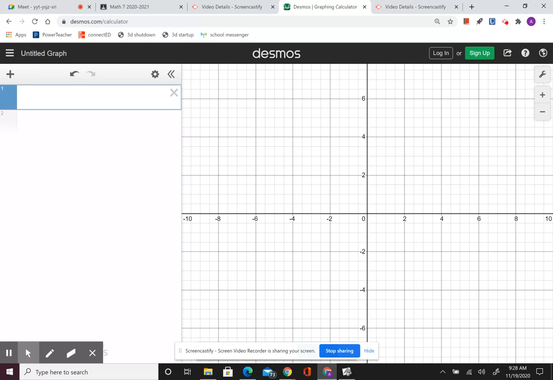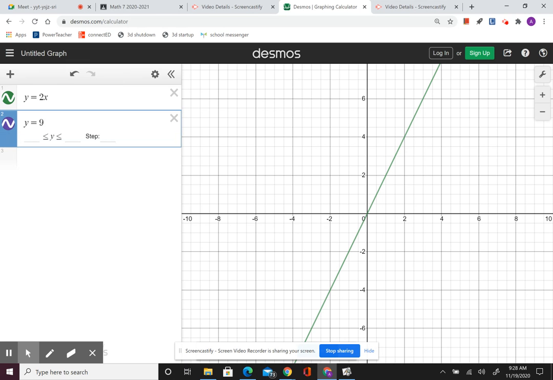All right, so y equals 2x and y equals -1/2 x plus 5. There we go. So there's my two graphs.